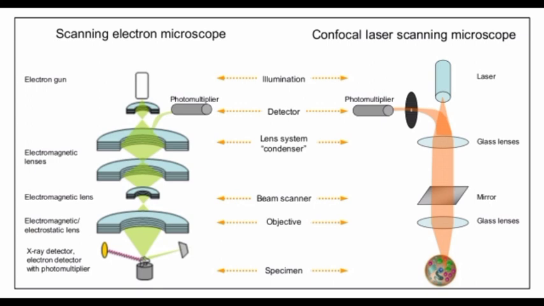In the second figure, similarity of a scanning electron microscope with a confocal laser scanning microscope. An electron beam is formed at the tip of a heated filament. The electrons are accelerated with voltage between 0.2 to 30 kV and are guided through the scanning electron microscope column by electromagnetic lenses. The beam is focused in the objective lens and a small beam spot is moved, or scanned, over the specimen surface using deflector coils.